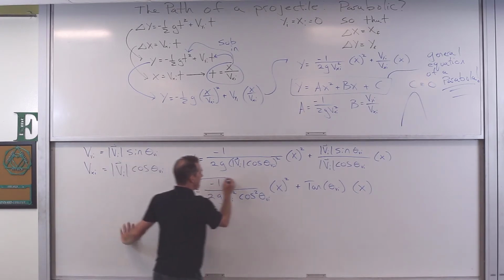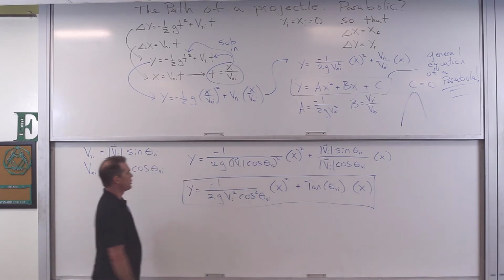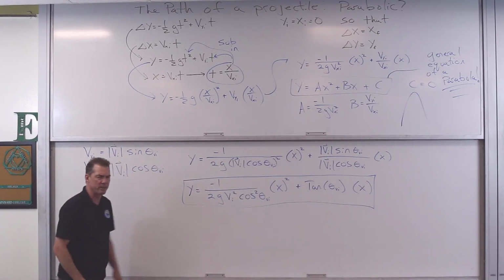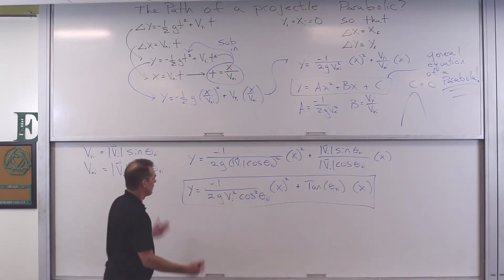Sine divided by cosine is tangent. This ends up being a handy expression for certain applications. In a calculus-based course, we'll use this. For one that's not, don't worry about this too much. It's just kind of cool to see.